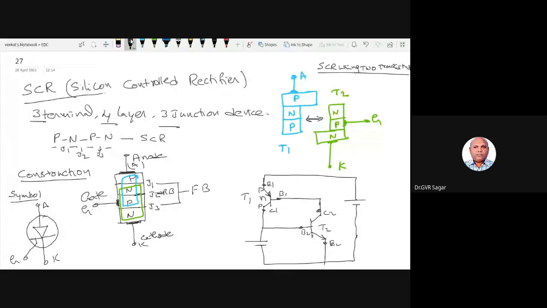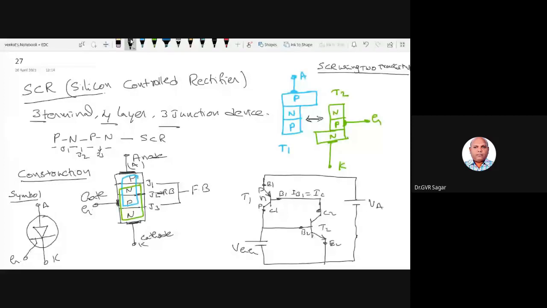So this voltage is called gate voltage VGG, and this voltage is called anode voltage VA. This base current is equivalent to the collector current of transistor 2, IC2, right? So this is the PNP and this is the NPN transistor. So this is the circuit diagram showing the two transistor model.